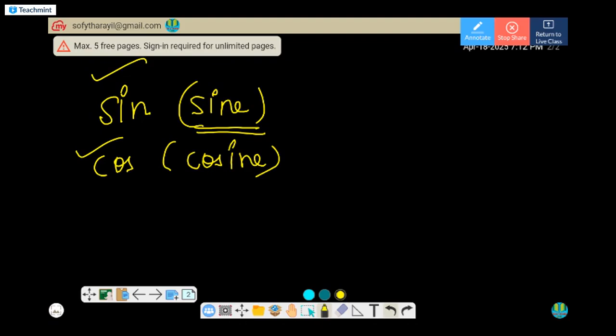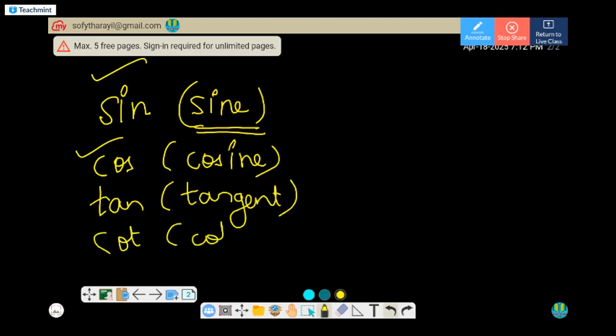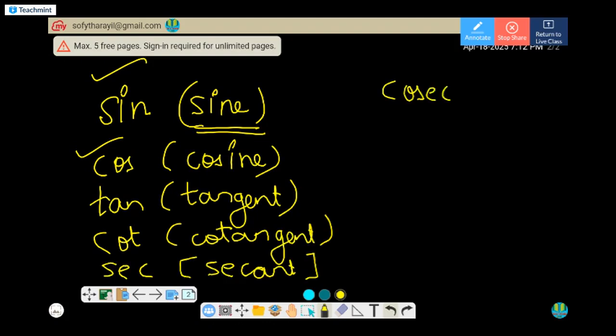Then we have tan, the full form of which is tangent. Then we have cot, which is cotangent. Then we have sec, which is called secant. And then we have the last one, cosec, which is cosecant.